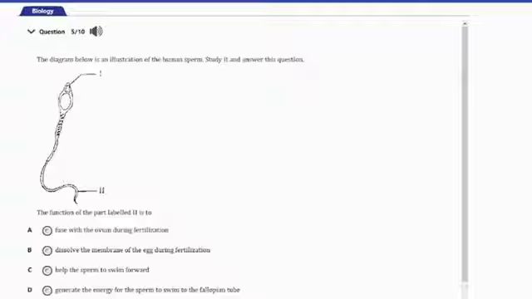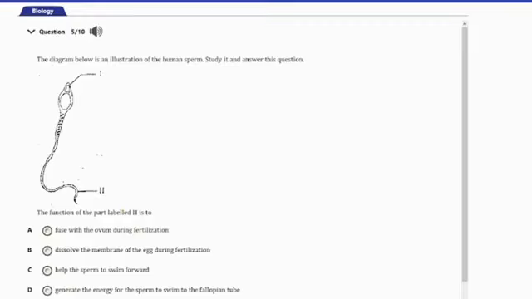The answer is option C, help the sperm to swim forward. This is the whip-like structure of the sperm, and this whip-like tail assists the sperm to swim forward. And that's it for that question, option C.